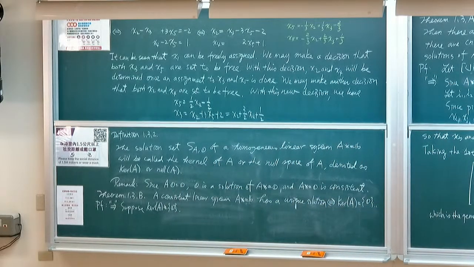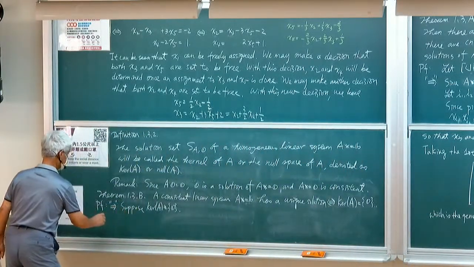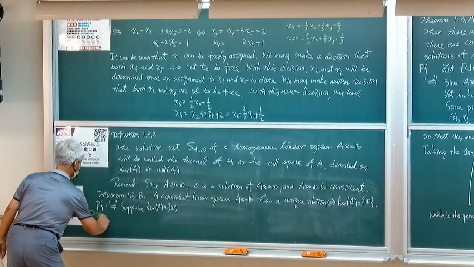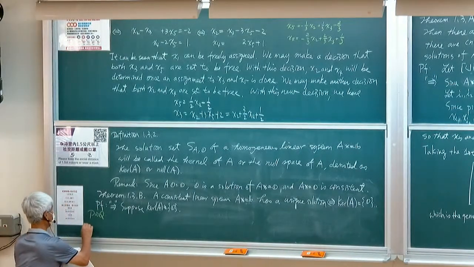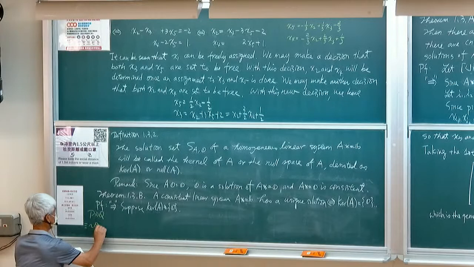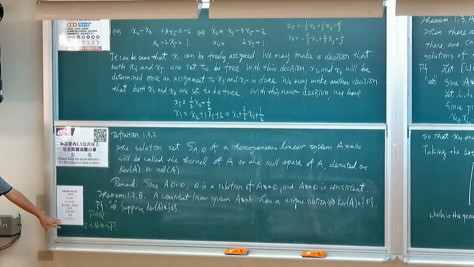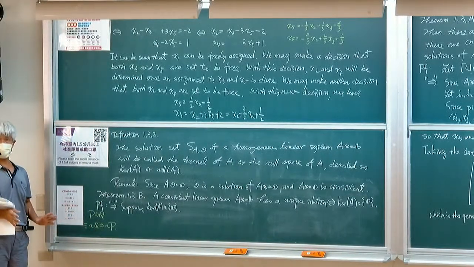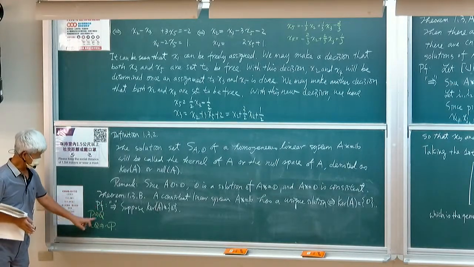Or you use contrapositive. The idea is to say a statement P implies Q is equivalent to not Q implies not P. Okay? You just proved this in the first quiz, right? They have the same truth table. So logically, they are identical, right? So to show this one is the same as to show this one.